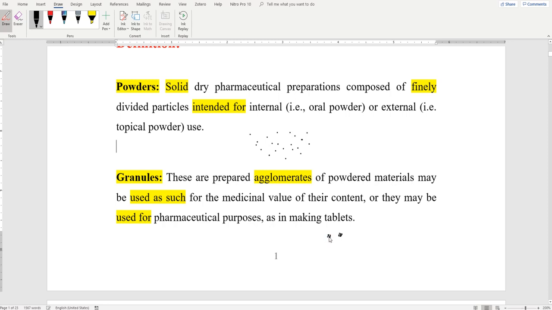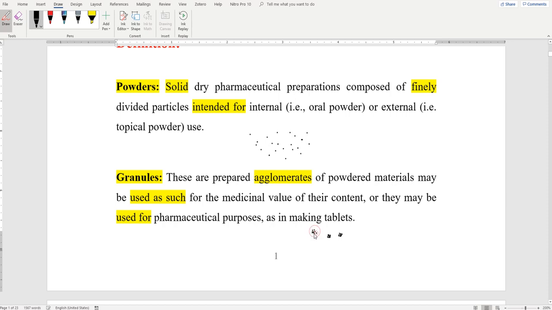Well, that is a correct conclusion, but we have to be careful because we cannot, for example, divide the granules and the powders according to size.